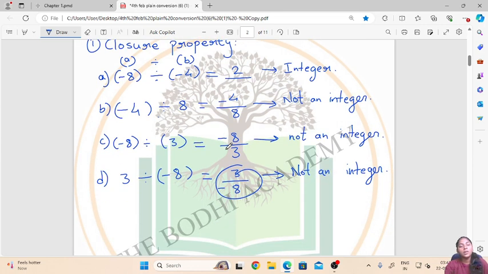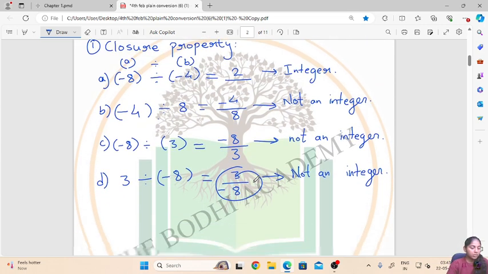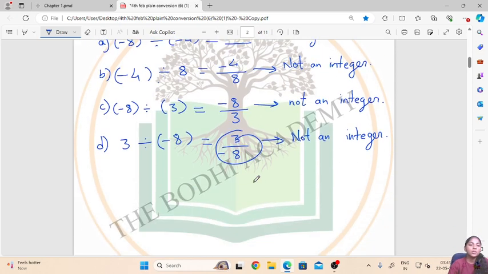So we observe that for division, integers are not closed under division.